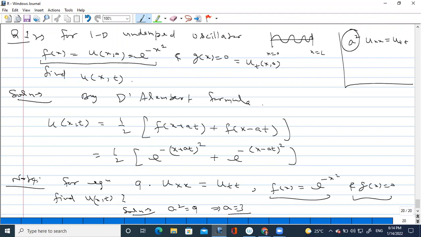You will use the D'Alembert formula. So directly you can say that u(x,t) will be 1 by 2 [e to the power minus (x plus 3t) whole square plus e to the power minus (x minus 3t) whole square]. Just a you have to replace. That's it. So like this, you have to apply your mind if some value is given. Then a you have to find out. Note down this.